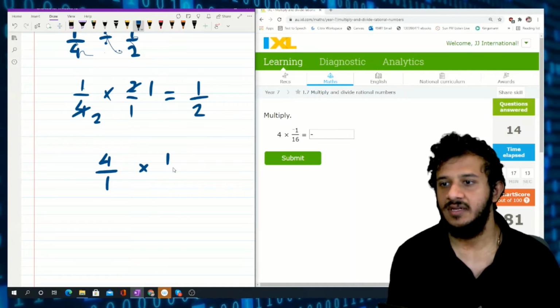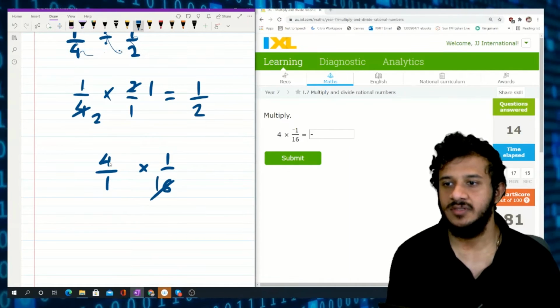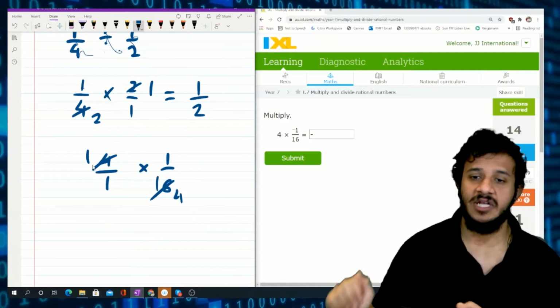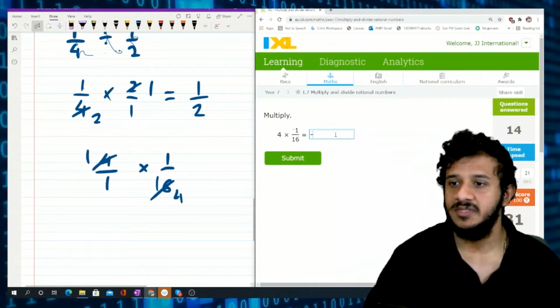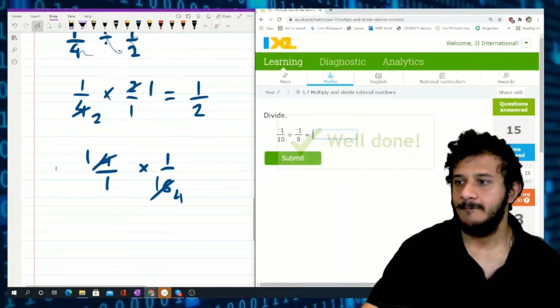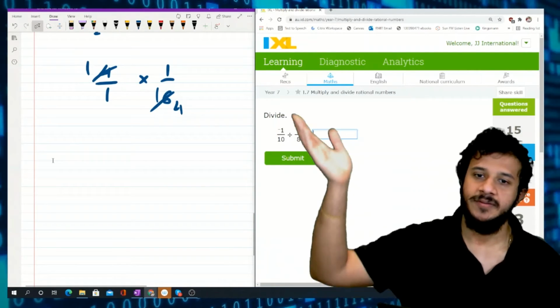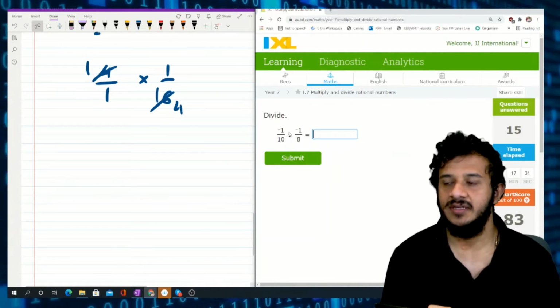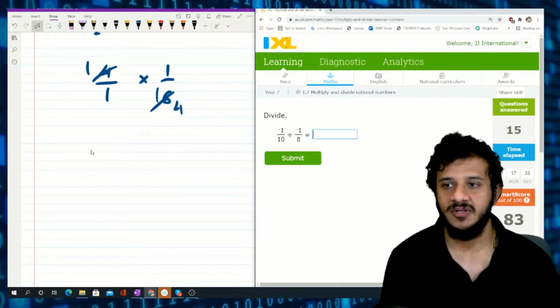And then I'm not going to worry about the symbols. This will be a 4, this will be a 1 divided by 4 timetables, and that's pretty much it. So 1 times 1 is a 1 over 1 times 4 is a 4. Same thing. A negative divided by a negative is obviously a positive. I'm not going to worry about that anymore.